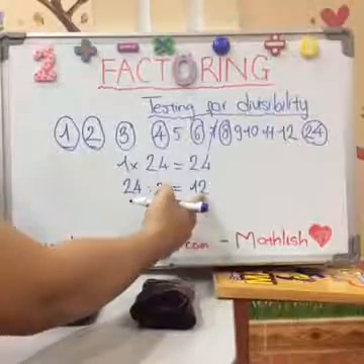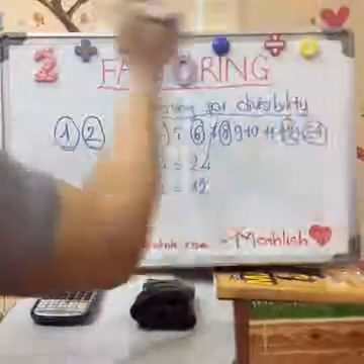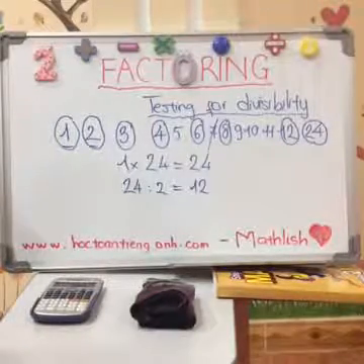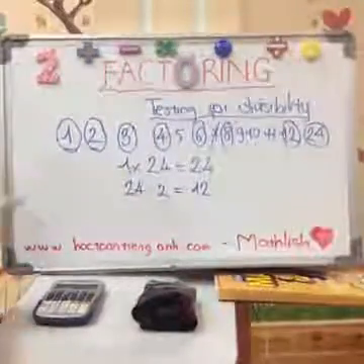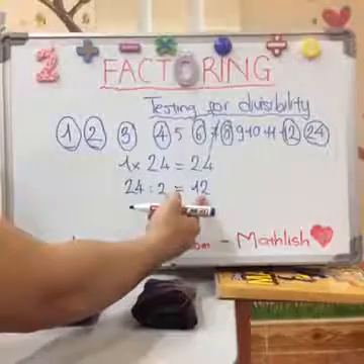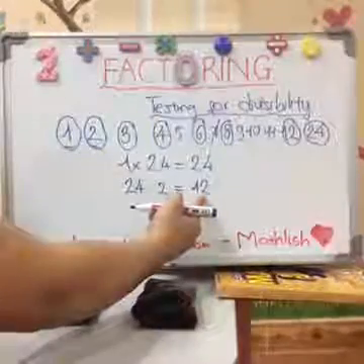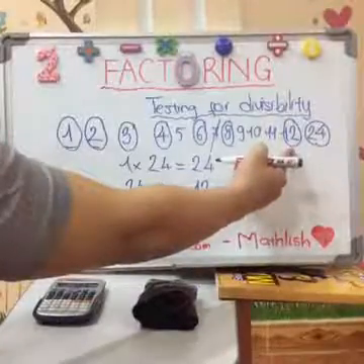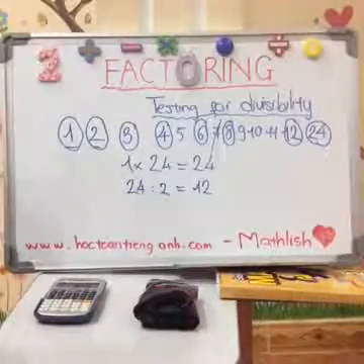That means that we can also circle 12 as a factor of 24. Anytime you do a divisibility test and the number you are testing passes the test, then the answer you get from dividing will also pass the test. It will also be a factor. That will speed things up because we know we don't have to test 12.